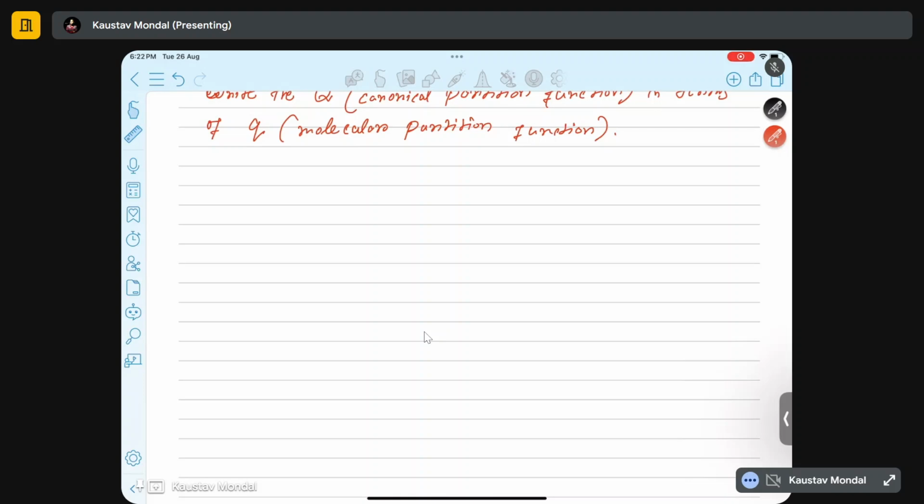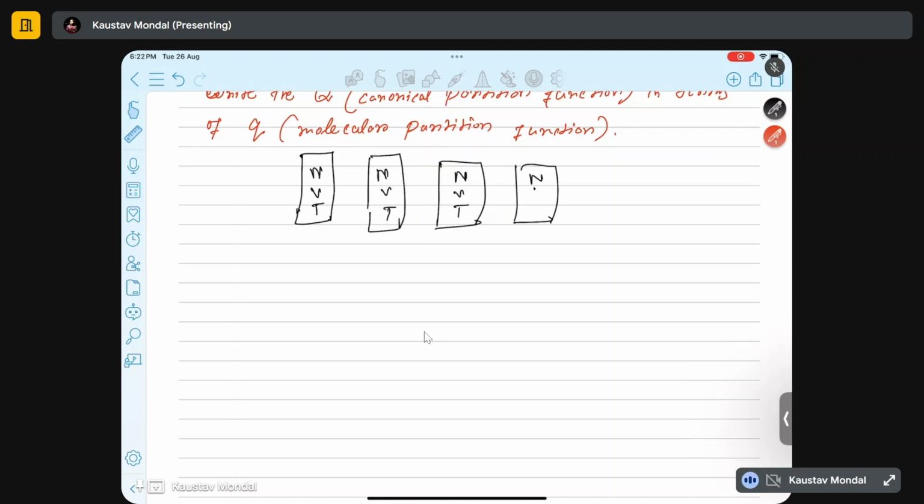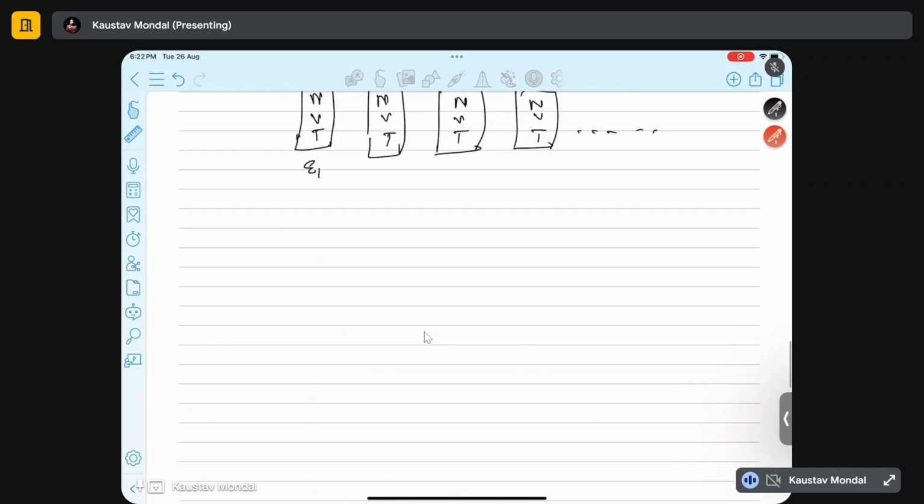what we do is consider a collection of members which are known as ensembles, each with N, V, T. Each of the members has some energy E1, E2, E3, E4.